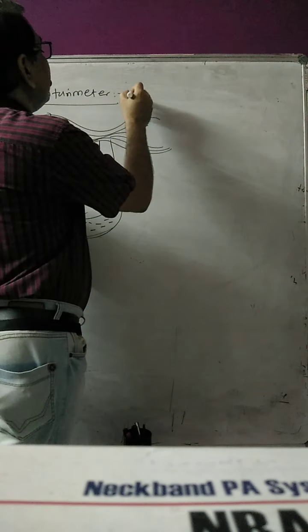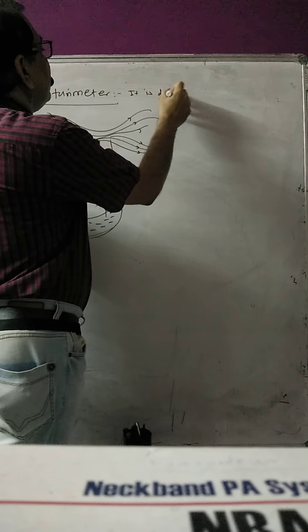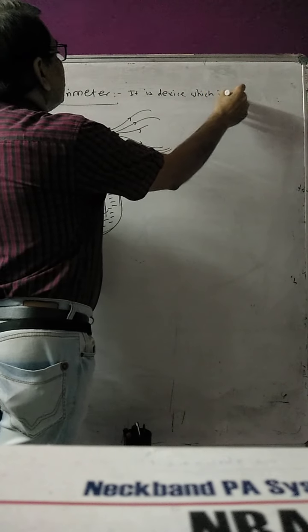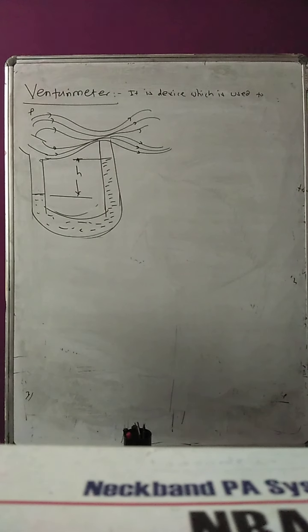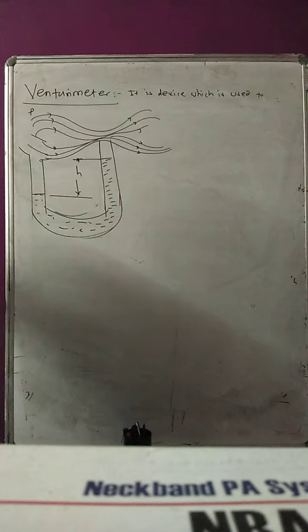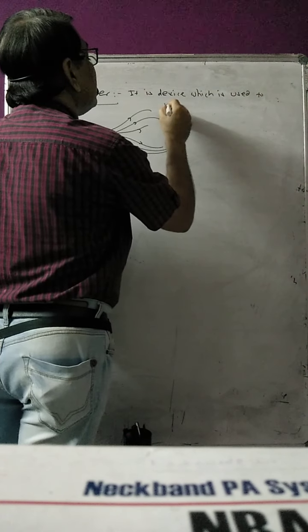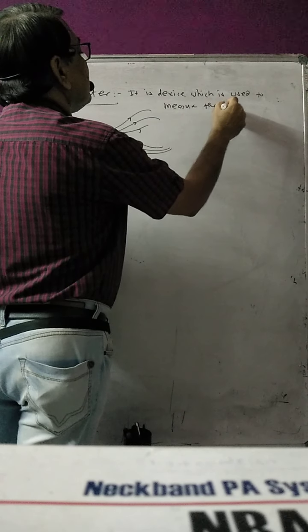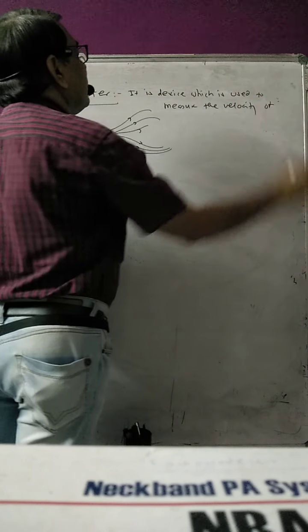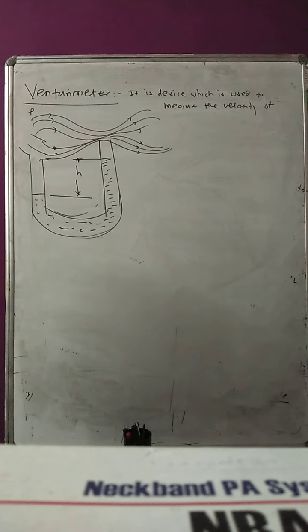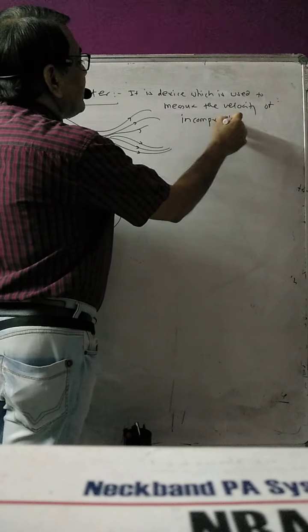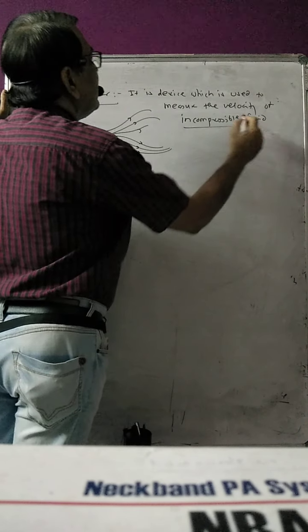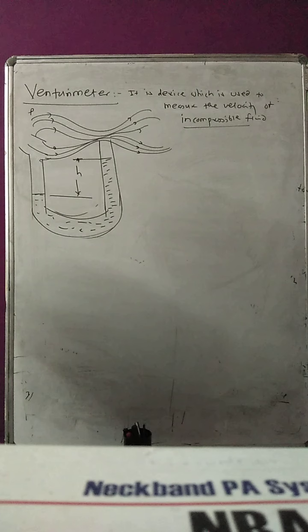It is the device which is used to measure the velocity of the liquid, of an incompressible fluid. That is the venturimeter. It is a device which is used to measure the velocity of an incompressible fluid, that is called the venturimeter.